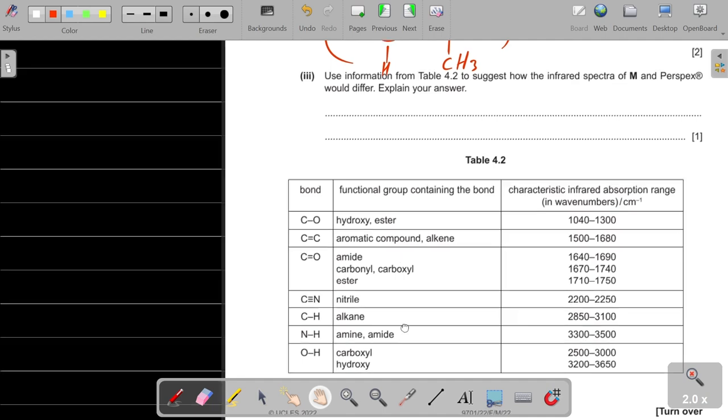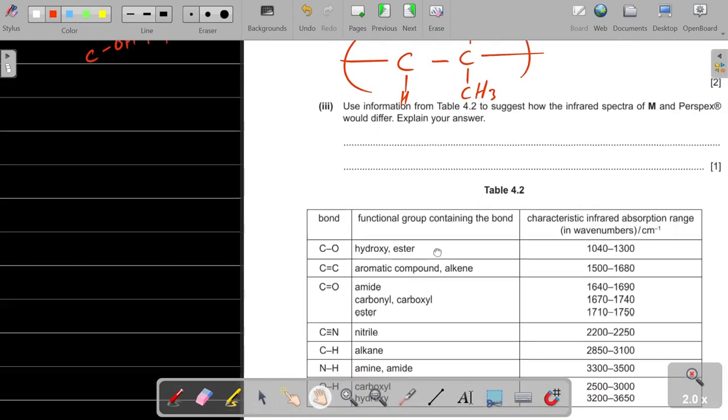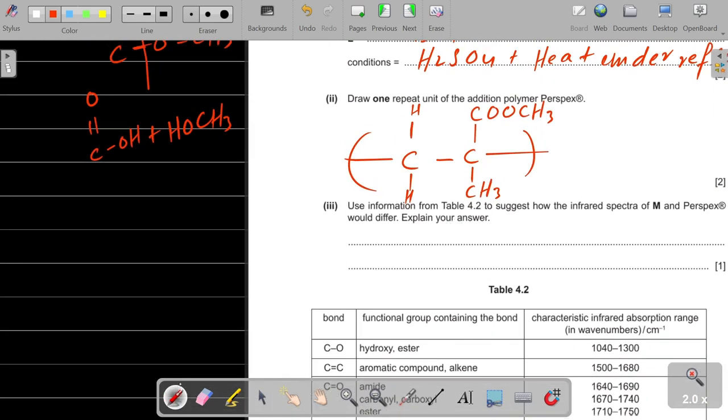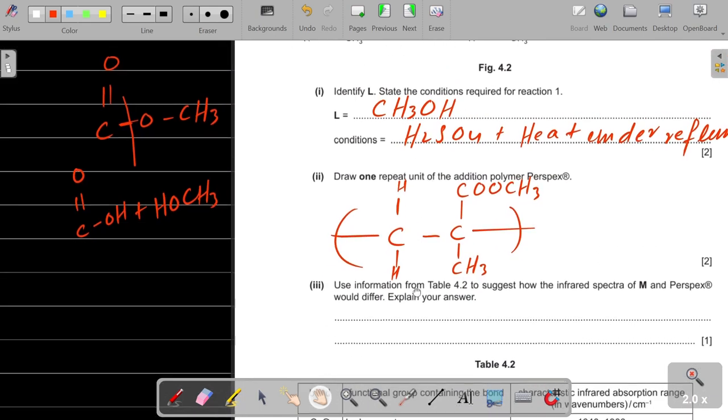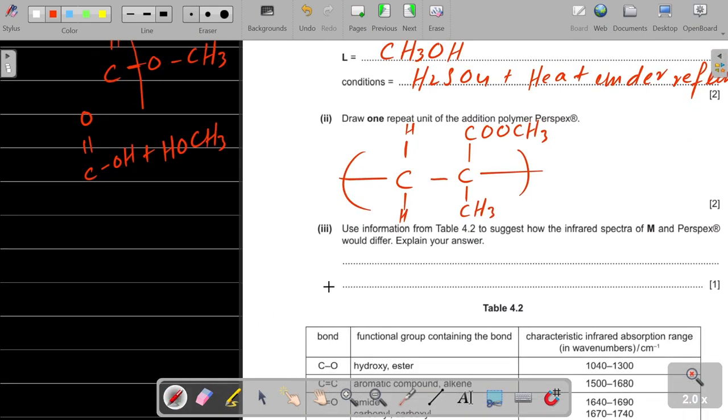So M will have a carbon to carbon double bond, between carbons, okay?